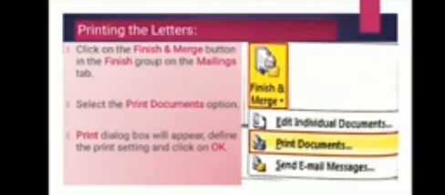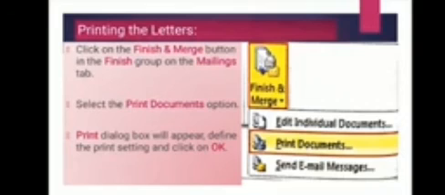Now after completing the merge data process, the last thing you have to do is finishing. After finishing, you can take printouts of your letter. So in order to print the letter, follow the steps given on your screen. Click on the mailing tab.